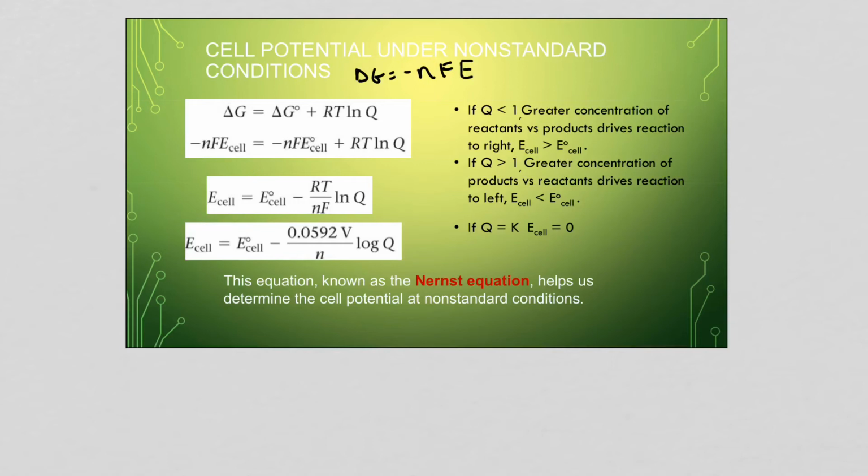And of course, if we happen to be at equilibrium, then there is no cell potential. Just like we saw in the last chapter, delta G at equilibrium is 0 because the reaction is not spontaneous in either direction. So it makes sense the cell potential at equilibrium would be 0, since the reaction doesn't spontaneously move in either direction.